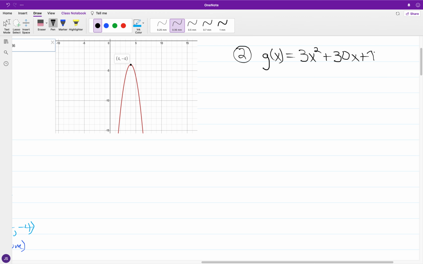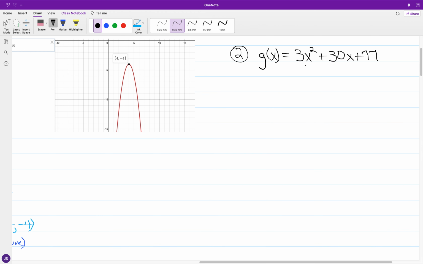And again, I want to rewrite this in terms of the vertex form. So I'm going to separate once again the variable terms apart from the constant. And you can go ahead and envision factoring out 3, you're welcome to do so. So we have 3x squared plus 30x apart from 77.